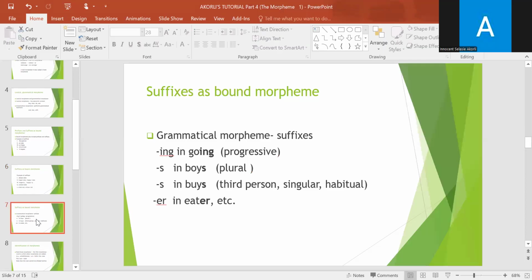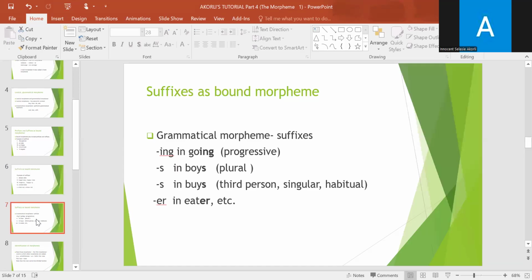Now, here we can see suffixes basically performing grammatical functions. Let's look at this. The ing in going is a progressive marker. It's functioning as a progressive marker. In other words, ing doesn't have semantic meaning. S in this case doesn't mean anything except that it is added to a particular word.